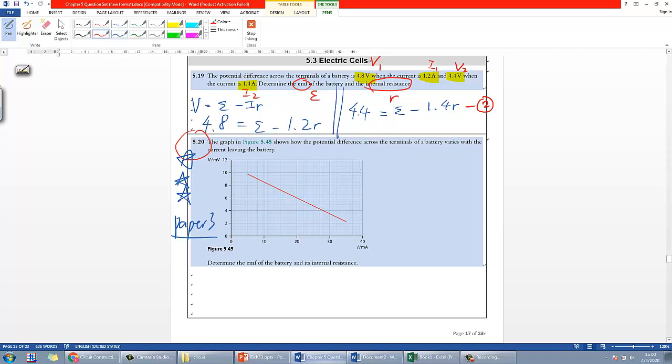You can imagine the circuit is simply a battery. If you don't know what's going on, imagine this is a small r, and this is the battery itself, and then there is a resistor outside, and you measure the V, and you could also measure the current.